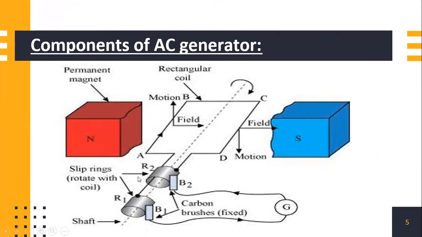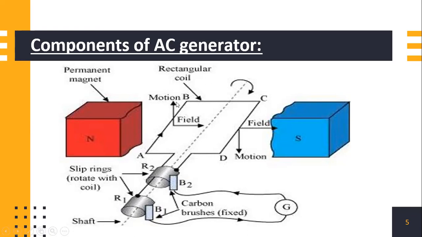Slip rings are not split, and they rotate with the coil. One end of the coil is attached to one slip ring and the other end to the second slip ring. These are the two carbon brushes.